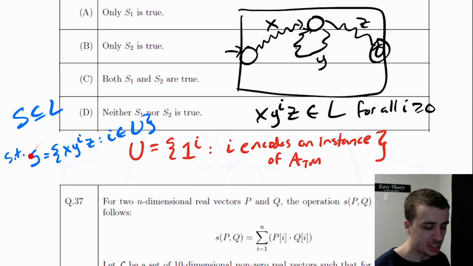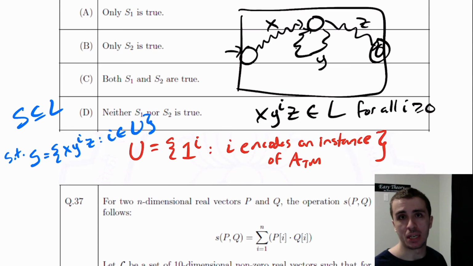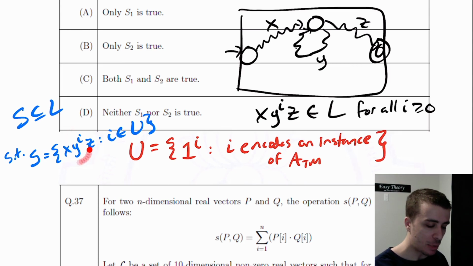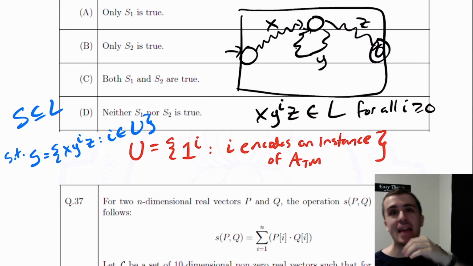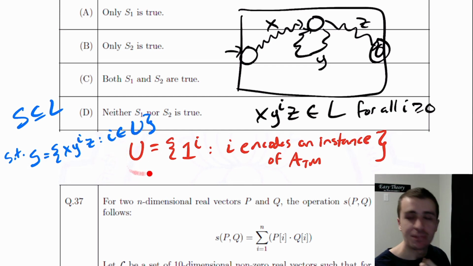This S is a subset of L, but it's an undecidable subset, because we can extract the y piece, get the number of times y occurred, and then effectively have the same thing as U, which is also undecidable.